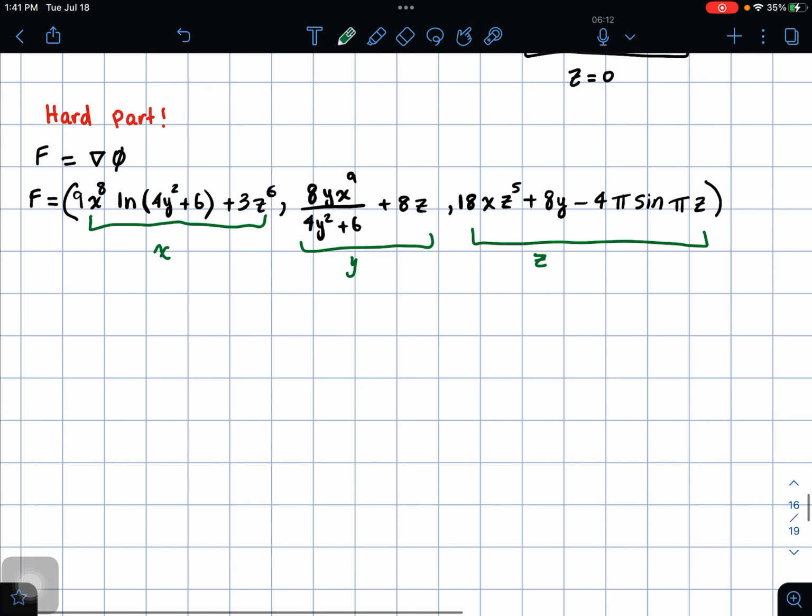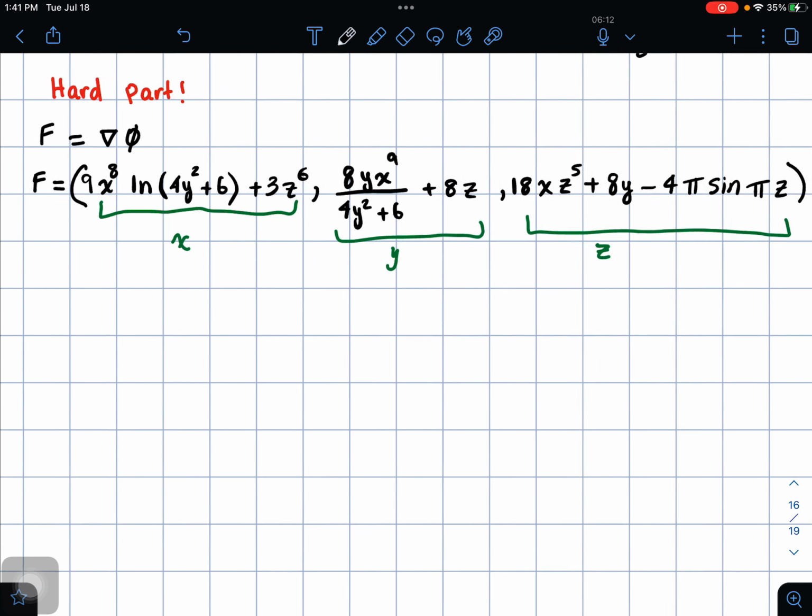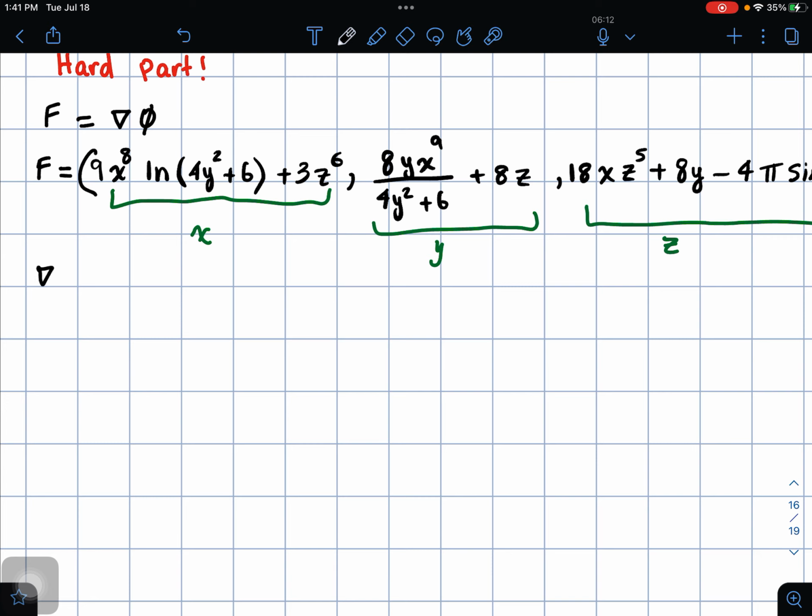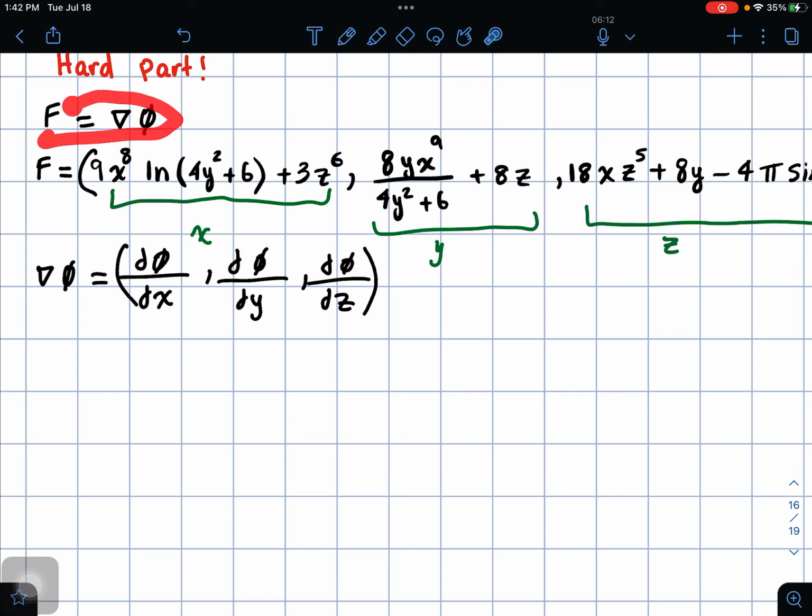Okay, so by definition, we also know that this gradient of phi is going to be del phi del x, del phi del y, and del phi del z, right? And again, we said that these two are equal to each other.